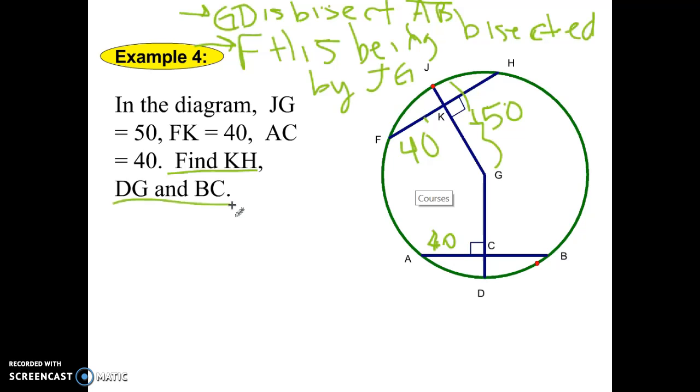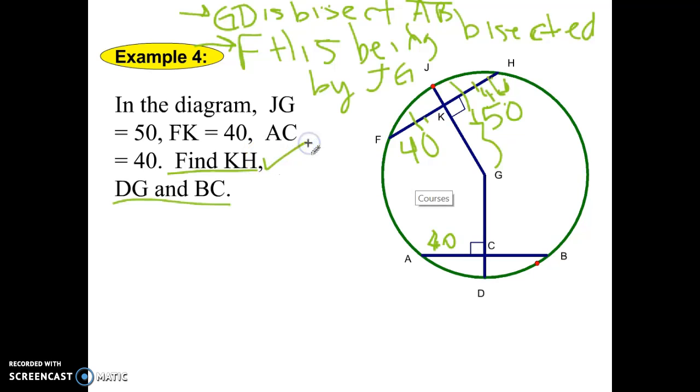All right, hopefully you've had a chance to find those. Again, if FH is being bisected by GJ and FK is 40, then that means KH is 40. All right, AB is being bisected by GD.